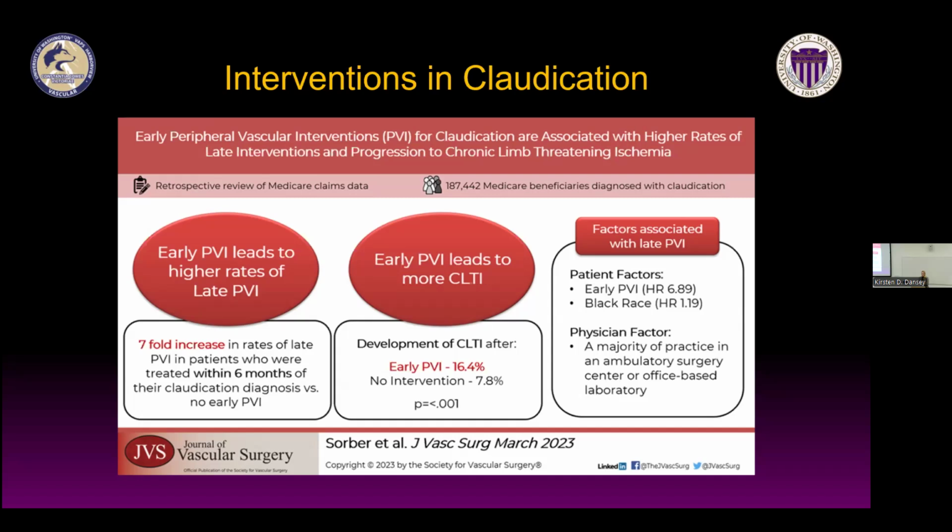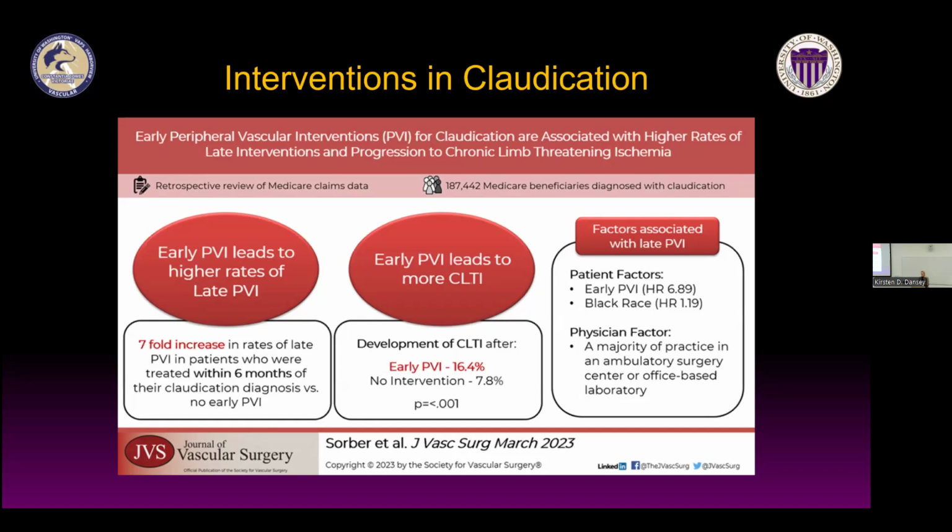The guidelines say that we should wait about 6 months after diagnosis of claudication to intervene. This study found that patients who had early interventions had higher rates of later interventions. They also had progressive CLTI, with higher rates of progression to CLTI throughout the study period.